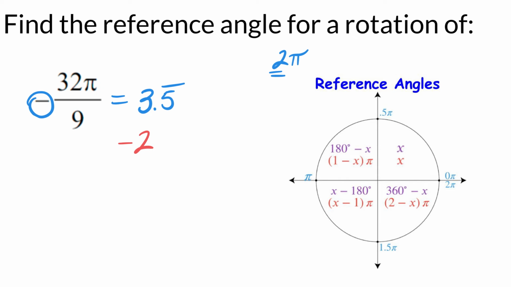So what I end up with is 1.5 repeated. So I've already got this in my calculator, so here's what I'm going to do. I'm going to subtract the 2 away, and it's 1.5 repeated, and I'm going to use my calculator and go math, enter, enter, which is the fraction mode.